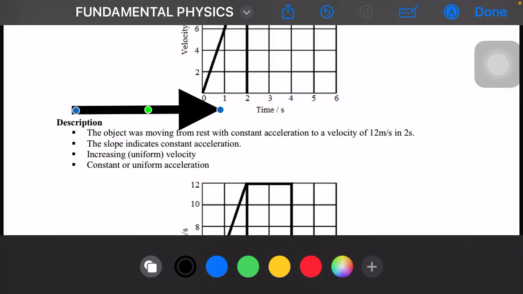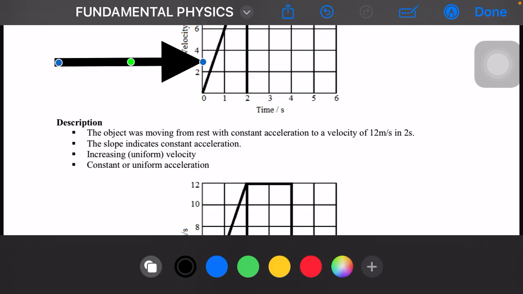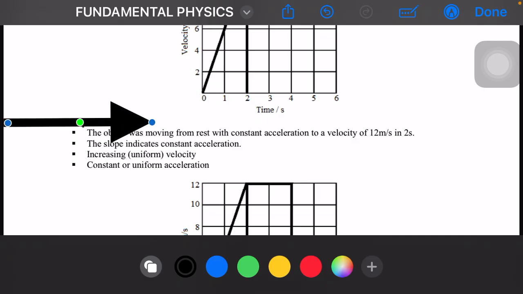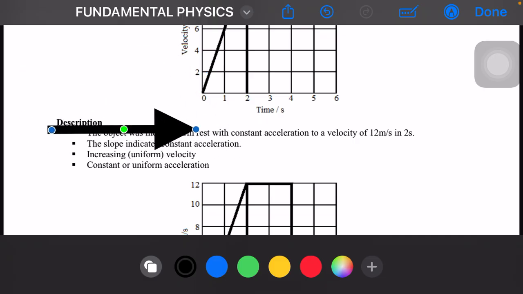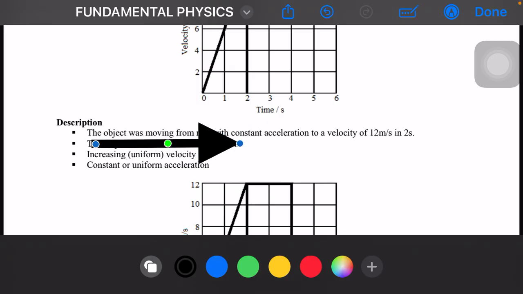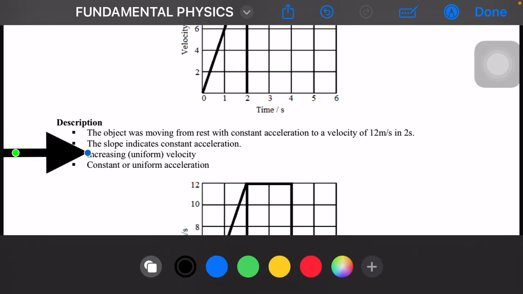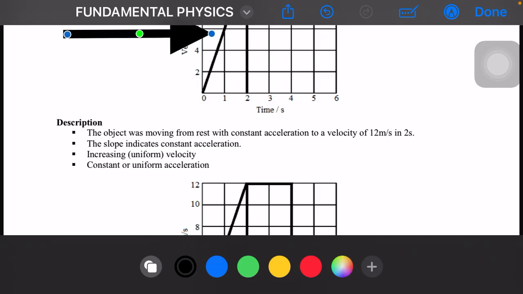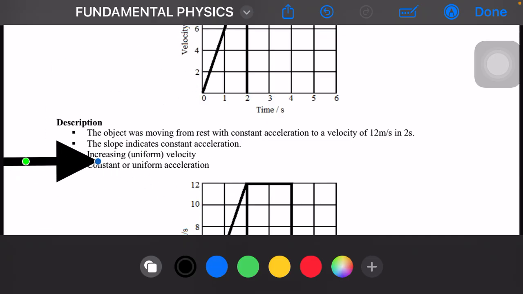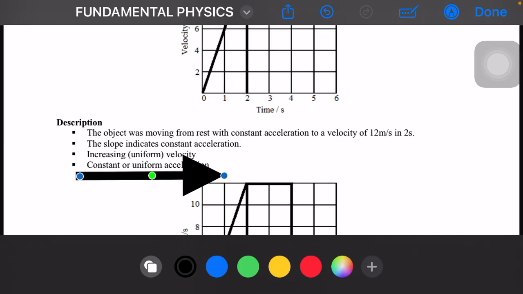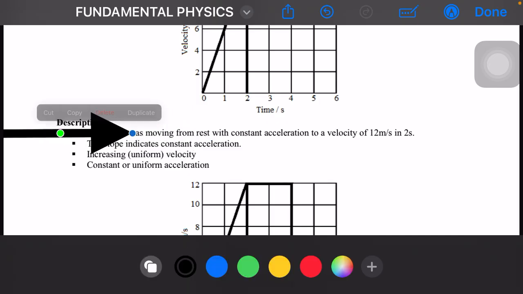So each time you see a uniform line in a velocity time graph, just know that the object is moving with constant acceleration. The slope, the line in other words, indicates constant or uniform acceleration. That's what it means.